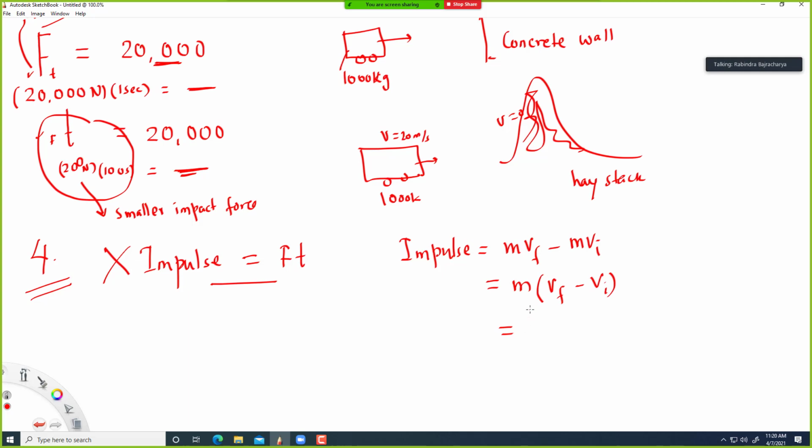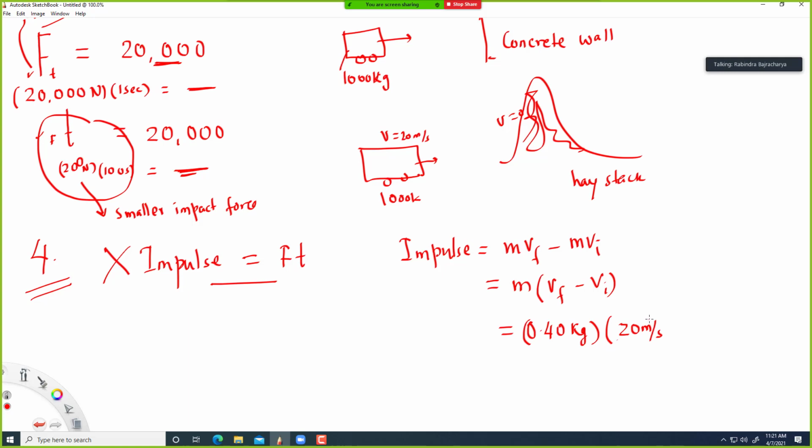It's 0.4 kilogram. And what's the final velocity of the ball? Final velocity is the velocity during the rebounding of the ball, which is 20 meters per second.